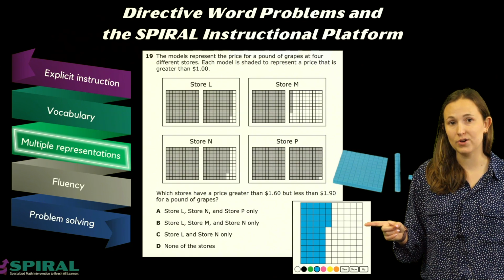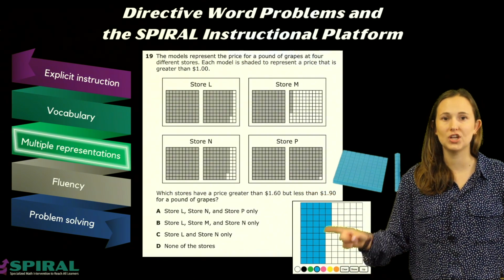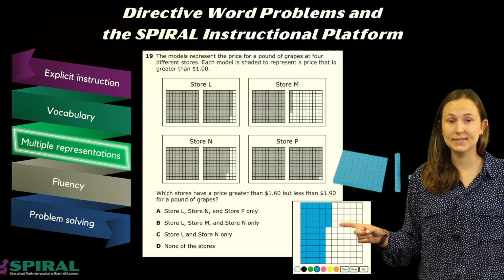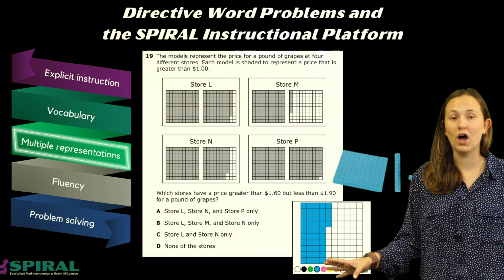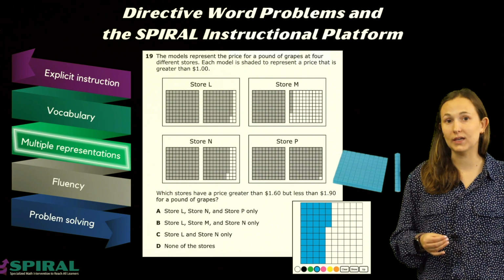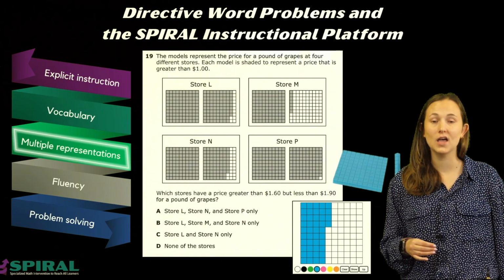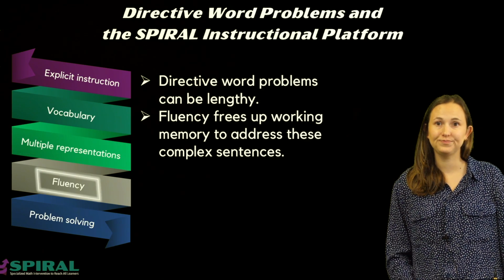So this is another example of a virtual manipulative where students are able to shade in grids on a virtual hundreds flat. So with this directive word problem, it's going to be really important that students have access to multiple representations of numbers and values.